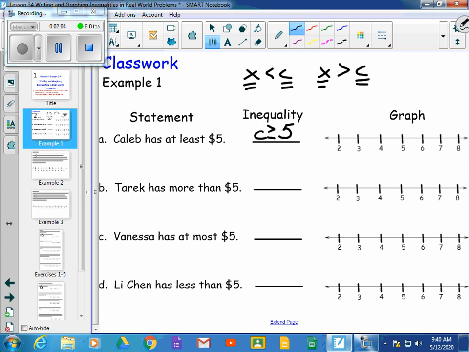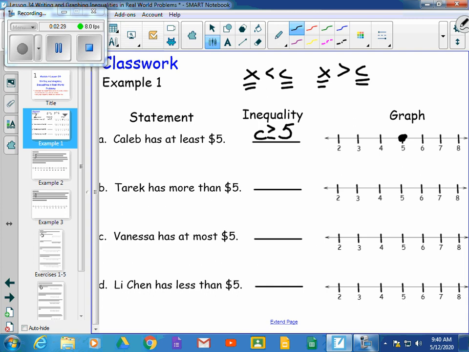Now we're going to graph the results of what C could be. Okay, we're on this number line here. We're going to show whatever values C could be. Since C could be 5, we're going to put a solid dot on 5. But that's not the only value that could be true. Numbers greater than 5 are also true.